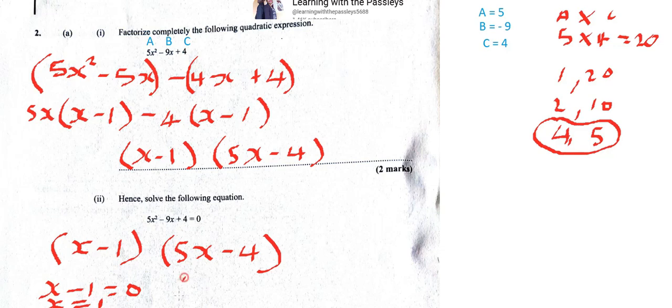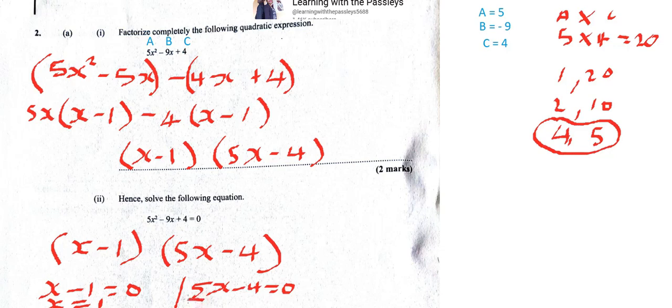So let us solve for the second bracket. So we can write 5x minus 4 equal to 0. Remember that a quadratic equation is equal to 0. Right? So we have 5x minus 4 equal to 0.